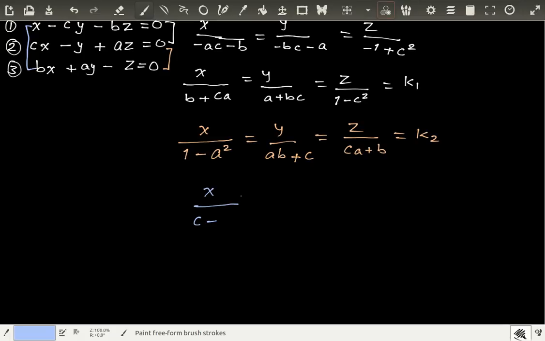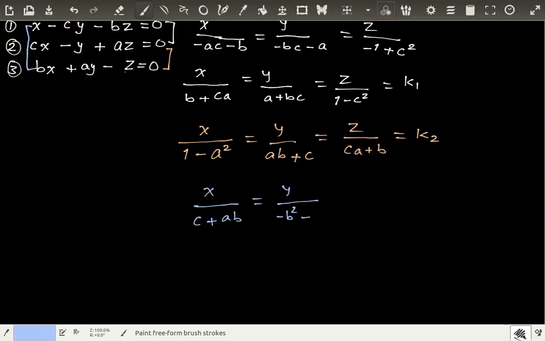So c minus ab is c plus ab, is equal to y over, this is minus b times b is minus b square, minus 1 times minus 1.